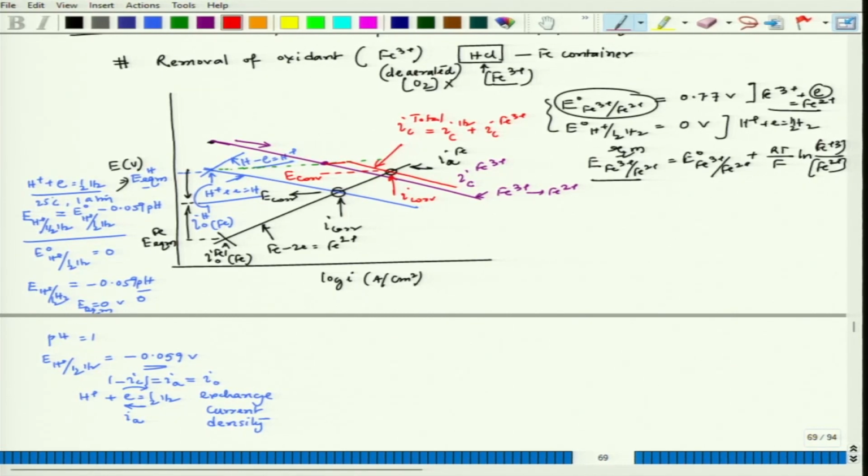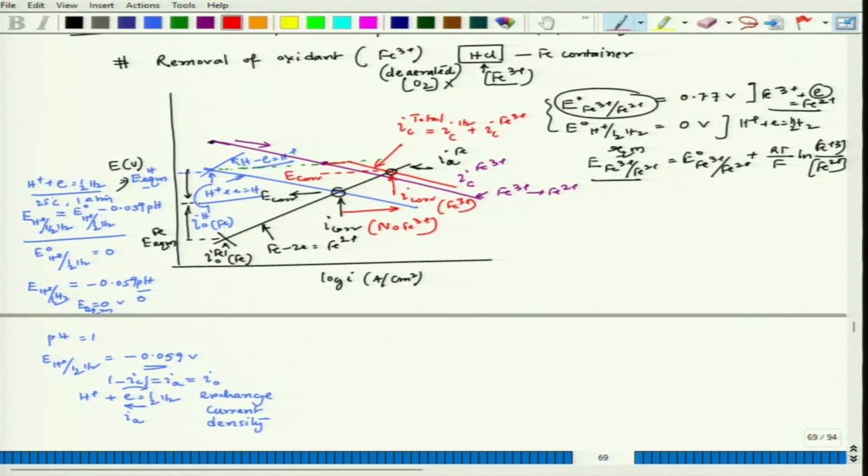Now we could see that when we have iron and Fe3+ present, and since it's a strong oxidant, it has a higher ability to get reduced. So at that time I could see the current density where there was no Fe3+, and where we have Fe3+, the current density actually increases, and this increase is happening because of the presence of oxidizer.